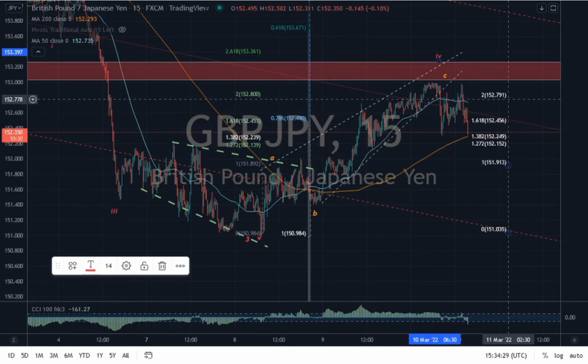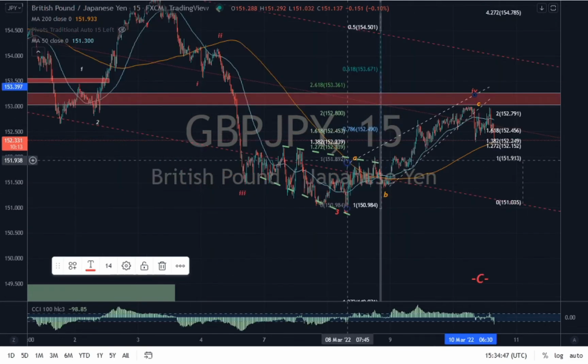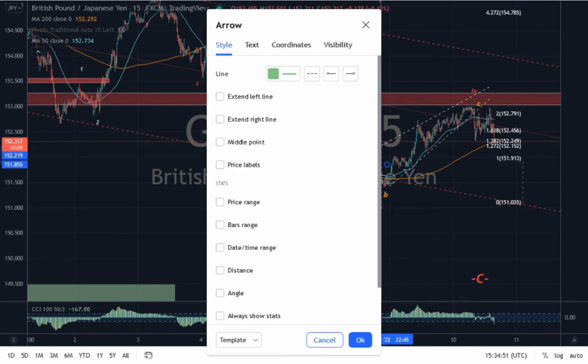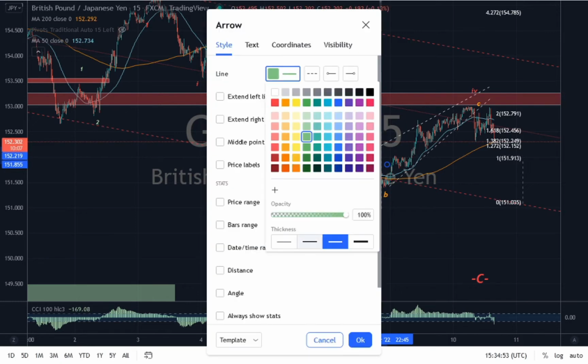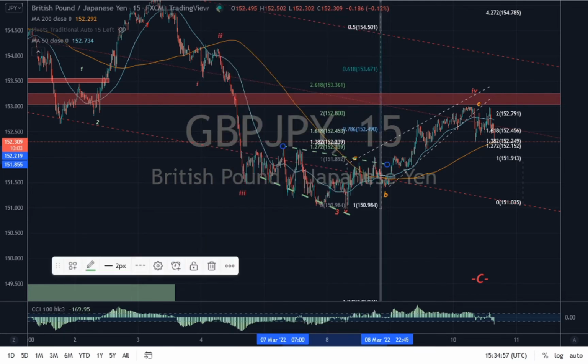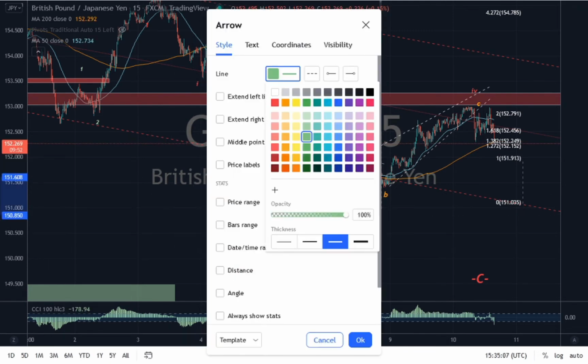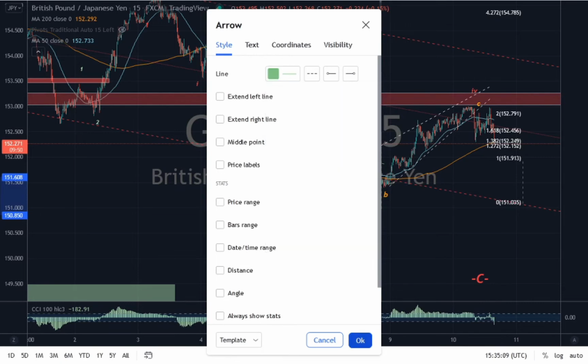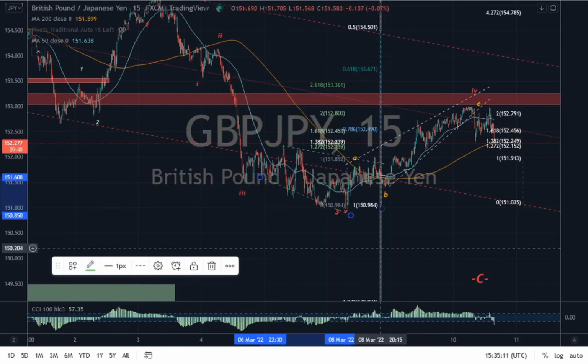So we really did do 200%, spiked above it and are failing now. Let's take a look at the corrective. We seem to have completed an ending diagonal altogether, so we have some kind of a pattern confirmation. You can see this ending diagonal here.